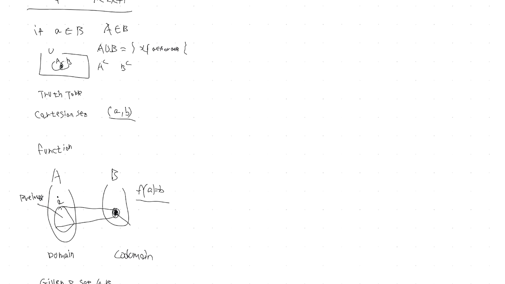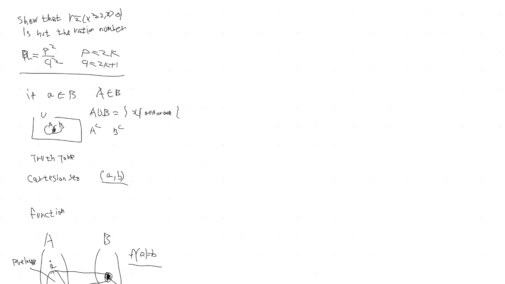A union B is X such that X is an element of A or X is an element of B. Whereas an intersection would be the and statement.